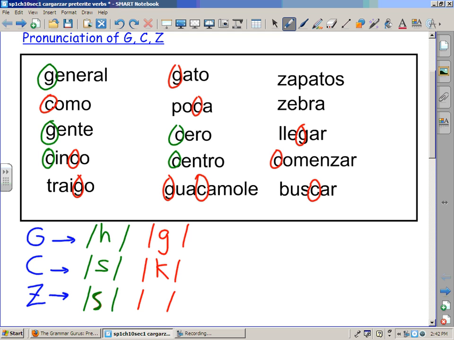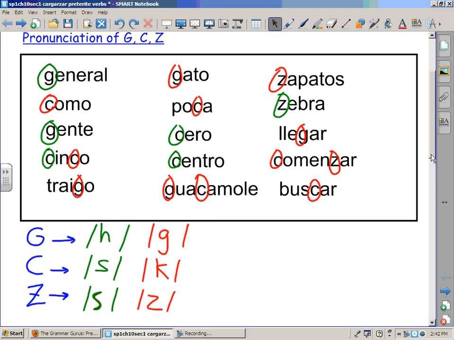Okay, which one would this be? Hard or soft? This one would be? Okay, now here's your challenge. You have enough information here. Comenzar would be hard.